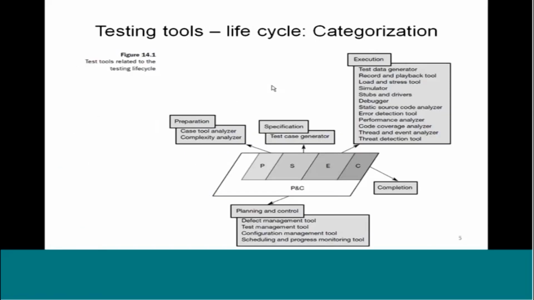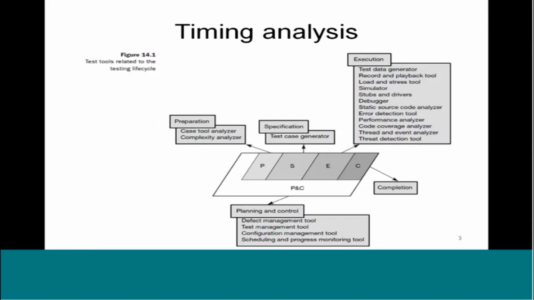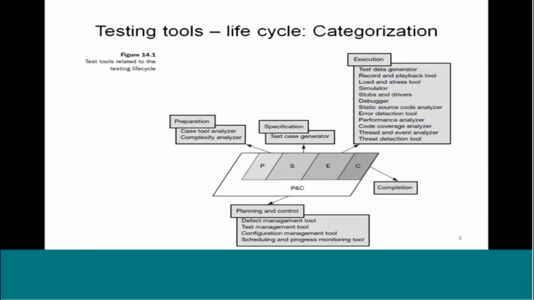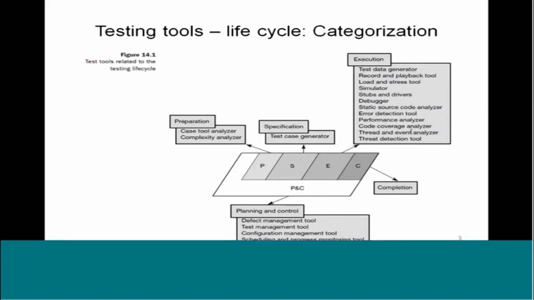Okay, so having understood the various tools, the applicability we need to understand for the life cycle. Coming to the testing tools, there is a life cycle that is being categorized.